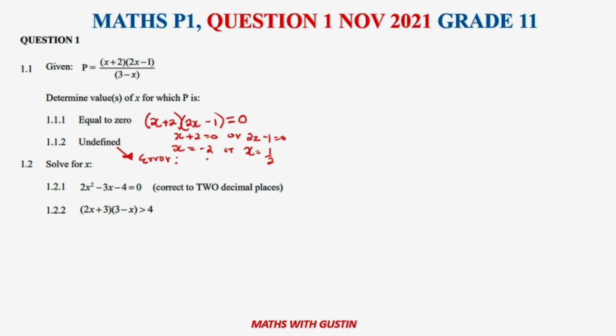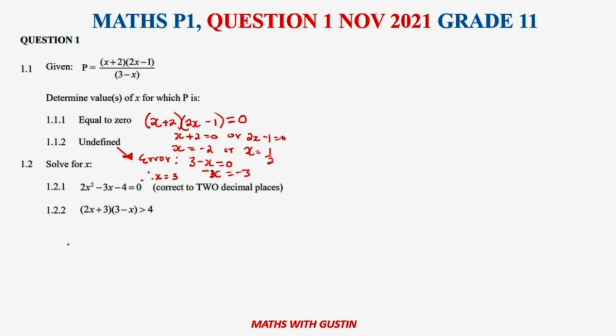You just have to say 3 minus x is equal to 0, which is the denominator. Therefore you solve for x here: minus x is equal to minus 3, therefore x is equal to 3. Great stuff, and that's how you would deal with 1.1.1 and 1.1.2.